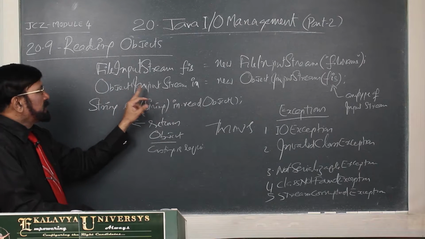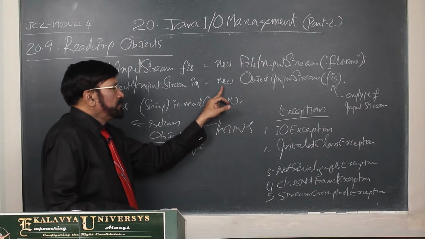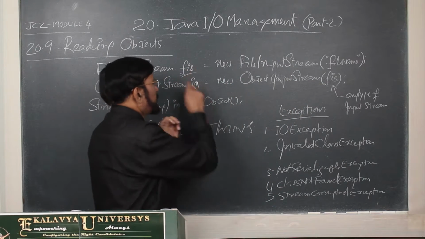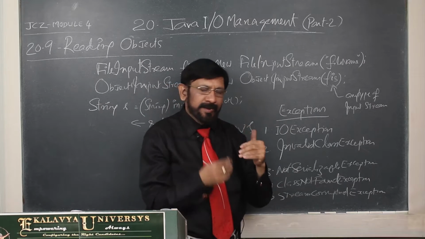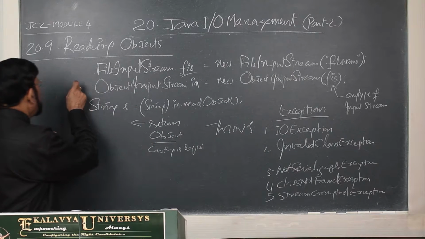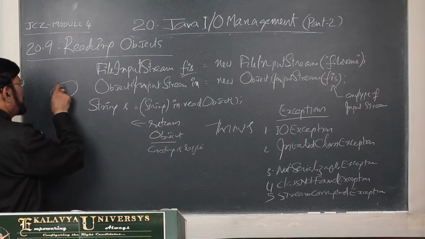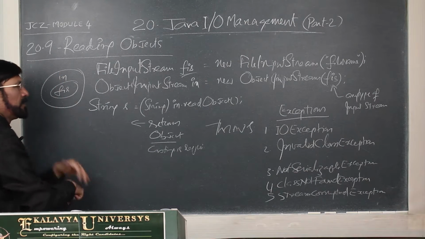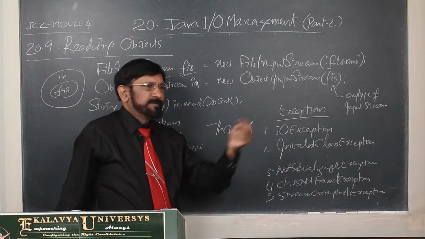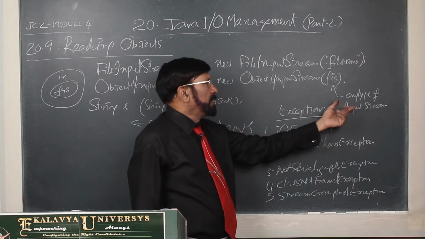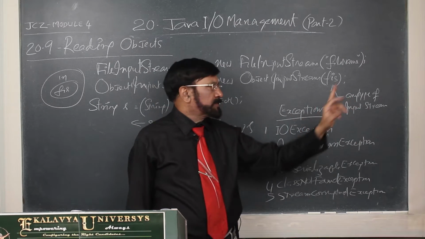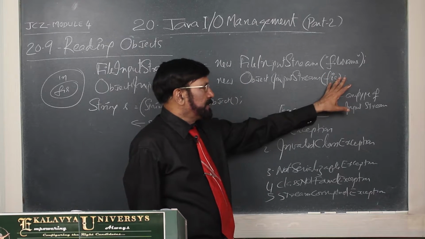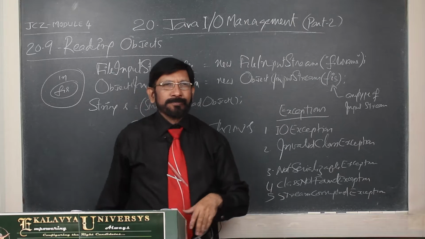So, ObjectInputStream, new ObjectInputStream(FIS). How did we layer it? This is FIS, and over that we made it. And always for this constructor, you have to give an input stream of any type. It can accept only an input stream. That point you must remember.